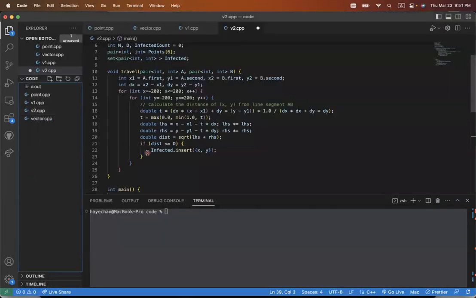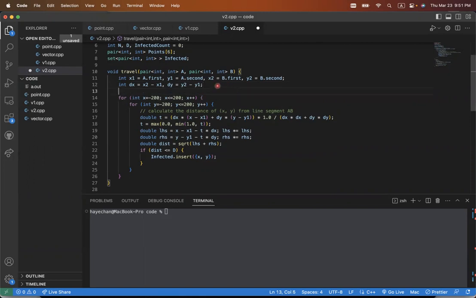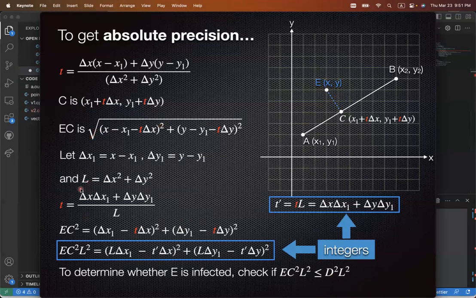Okay, translate that into C++. First, let's calculate L, right? Because this L expression here would make everything more convenient.